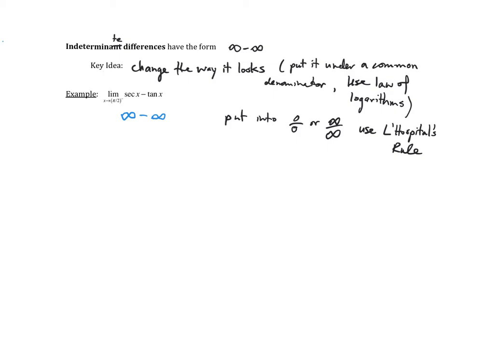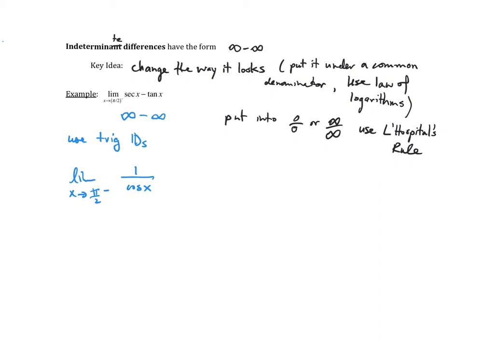And the way that we are going to change the way this guy looks is we are going to use our trig identities. Okay. Now, I'm going to write my limit as the limit as x approaches pi over 2 from the negative side. We know that secant of x is just really 1 over cosine of x, right? That's the reciprocal identity.